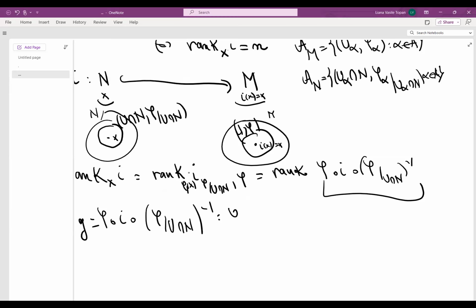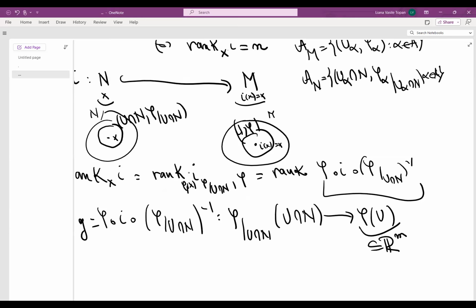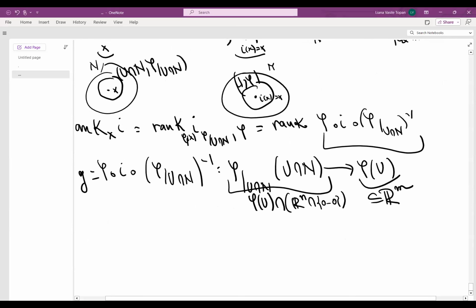So this will be defined on the intersection of U and N with values in phi of U. Now this is, remember, an open subset of R^m, because this is a chart in M, while this one, from the definition of the submanifold that we've seen at the beginning, has the last components zero.